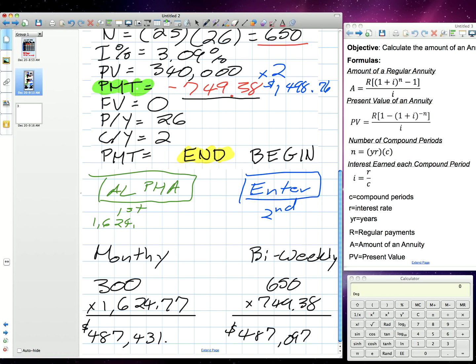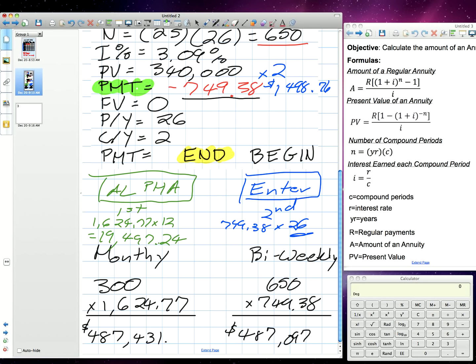If my monthly payments are $1,624.77, I multiply that by the 12 times I make payments a year. I yearly spend $19,497.24.